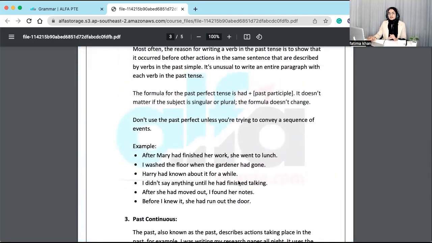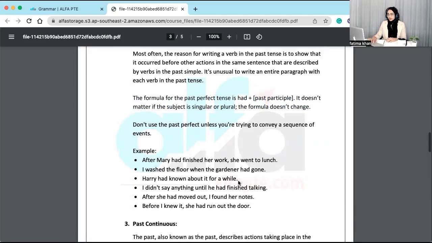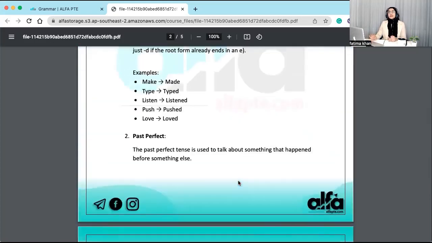If it is past simple, then ed forms. All right. So this makes you understand your fill in the blanks that are given to you in a much easier way and helps you get your score easily if you know the simple grammar rules.